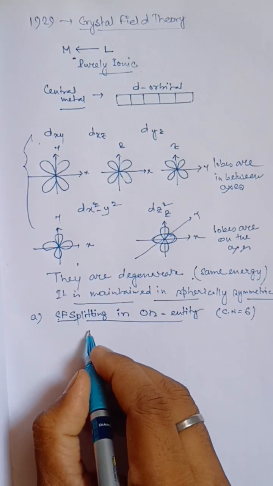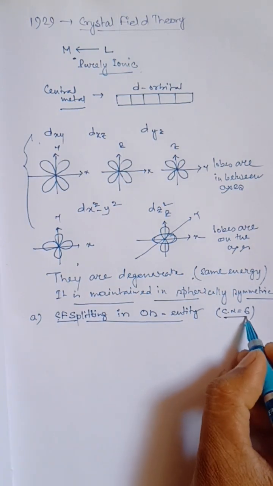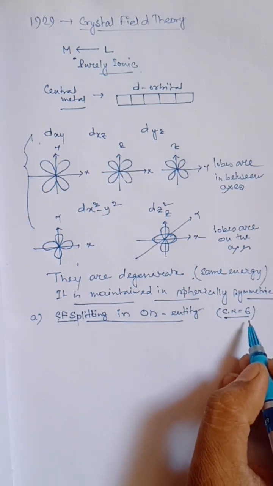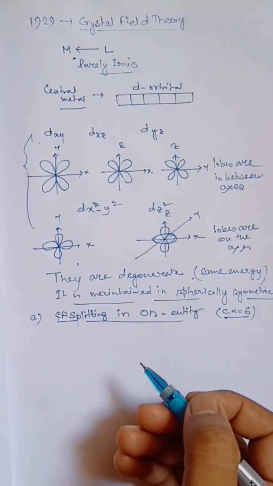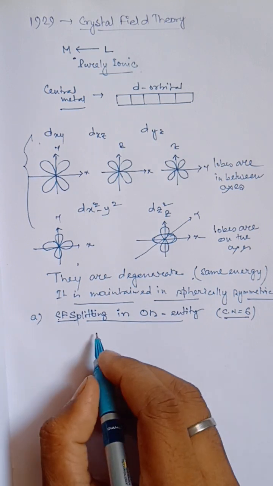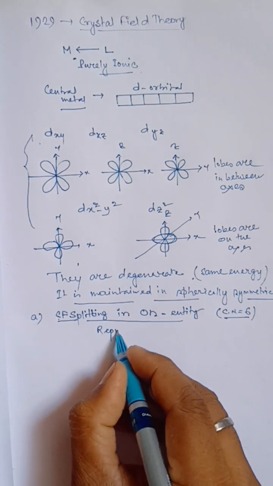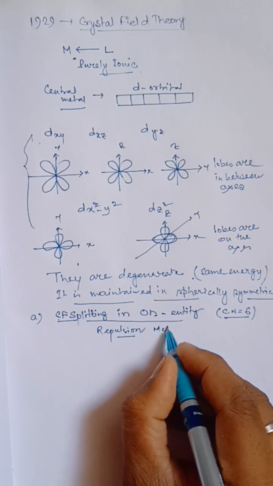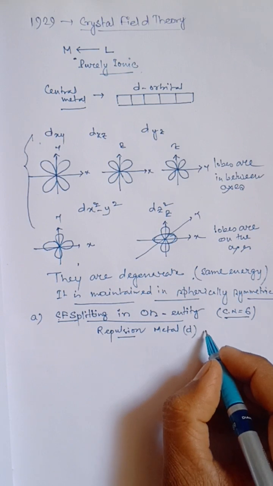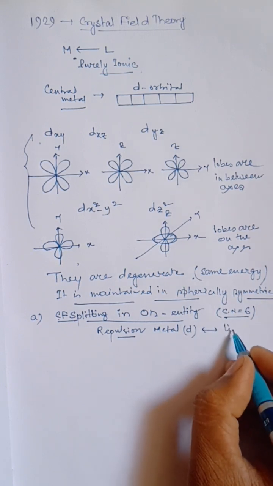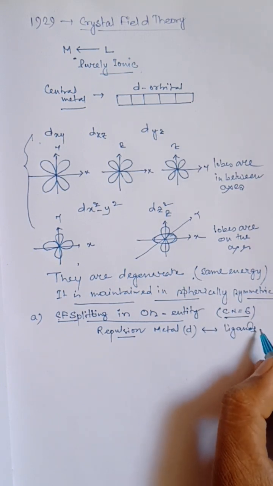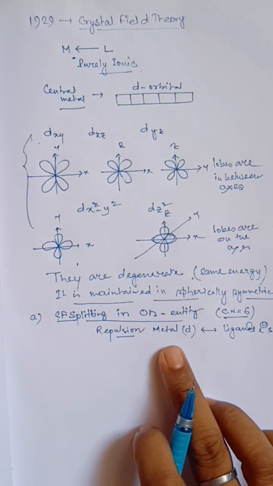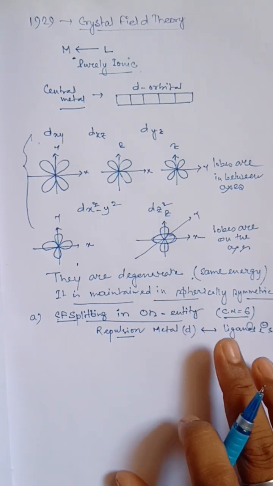That means there are a total of 6 ligands, and there is a particular repulsion between incoming ligand electrons and electrons in the d orbitals. The repulsion actually occurs between metal d electrons and ligand electrons.